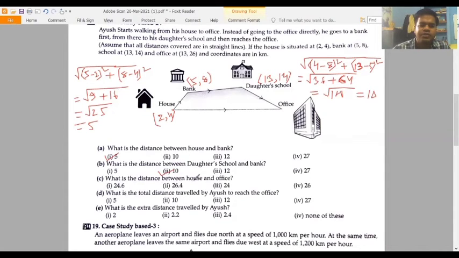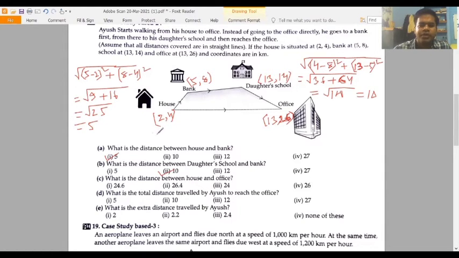Next, what is the distance between the house and the office? The office is at point 13,26.